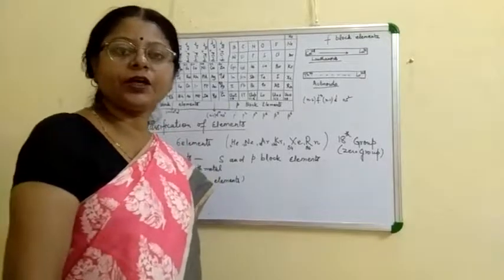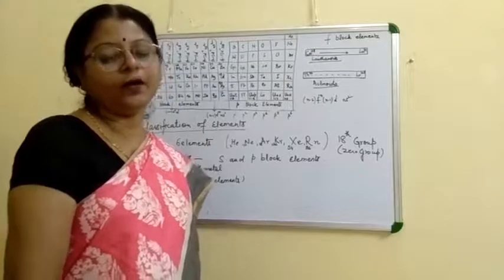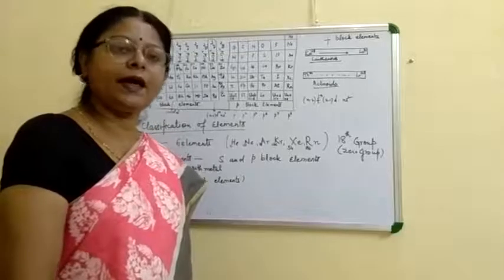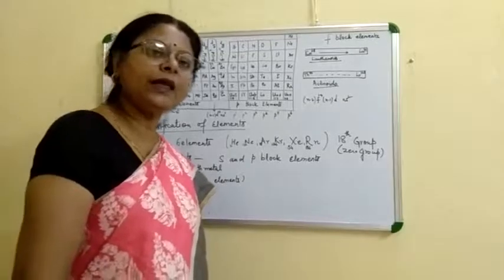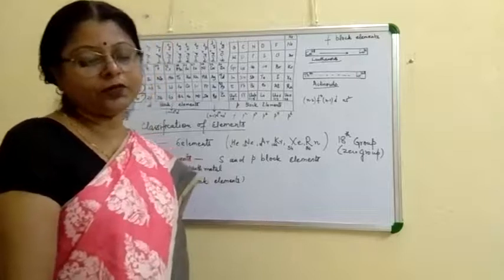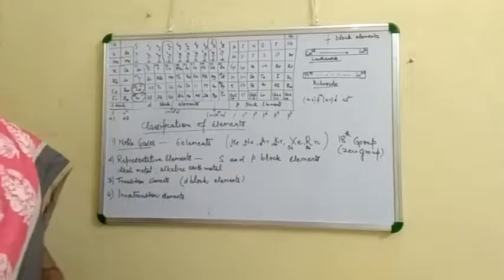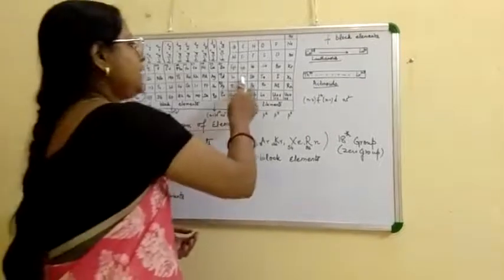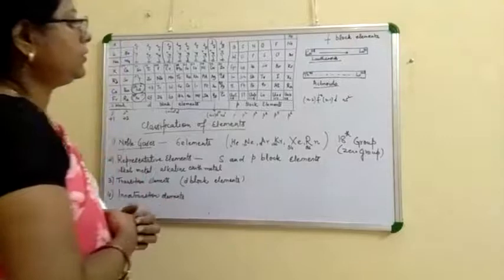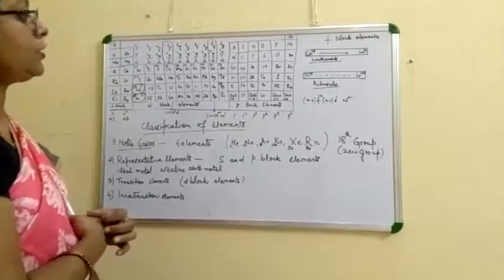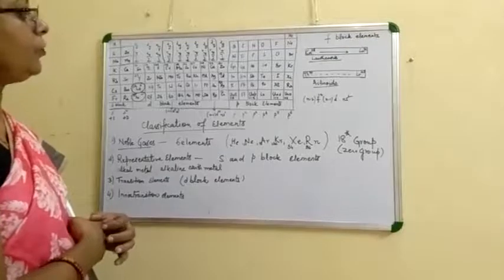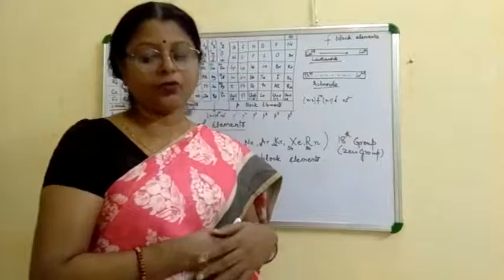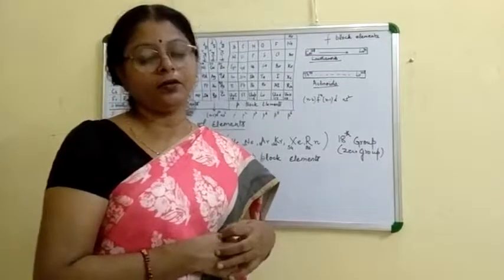So they easily share their electrons and form covalent compounds. Some of their compounds like halides are ionic in nature. Some of these elements show variable valency and exist in more than one oxidation state, such as tin, antimony, lead. Phosphorus also shows different oxidation states. Chlorine also has different oxidation states.